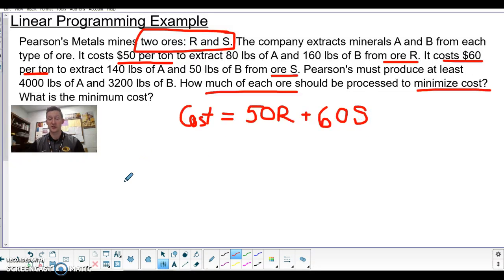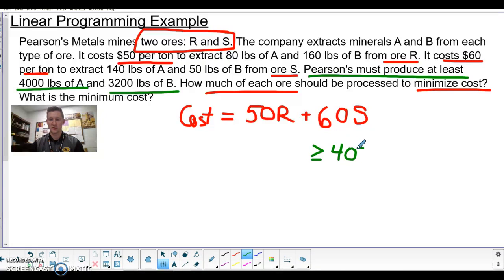Now, when it comes to the constraints, that's a little bit different story. That's where these other numbers are going to come into play. Constraint-wise, I look for things like at most, at least, and I notice in this sentence that Pearson's must produce at least 4,000 pounds of A and 3,200 pounds of B. At least 4,000 pounds means that something has to be greater than or equal to 4,000 pounds.